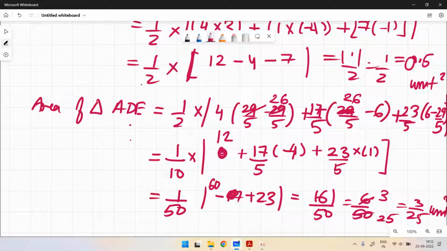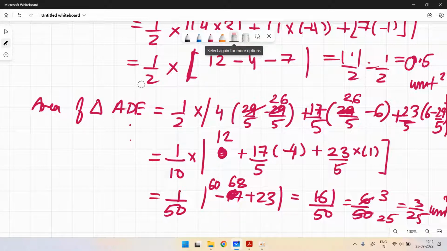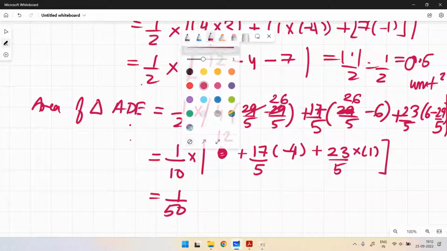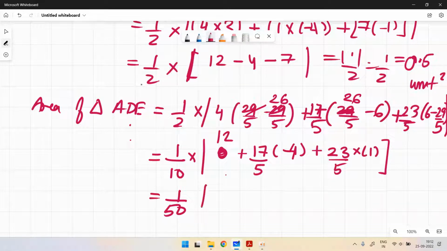If I erase from here, I have taken 5 out of this, will be 12 into 5 is 60, minus 17 into 4 is 64, sorry, and this will be 23. 60 minus 64 is minus 4. Minus 4 by 23, 19 by 15.